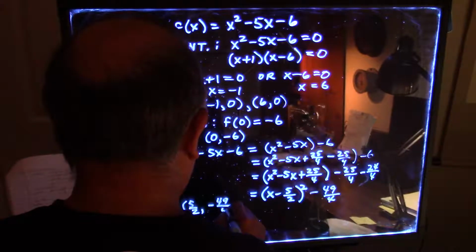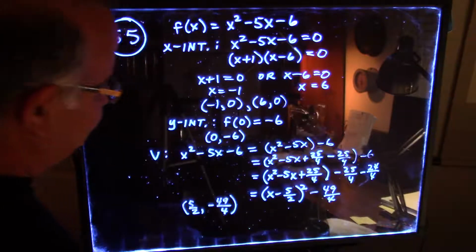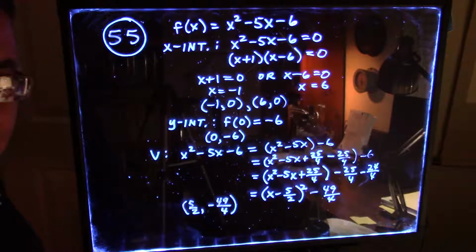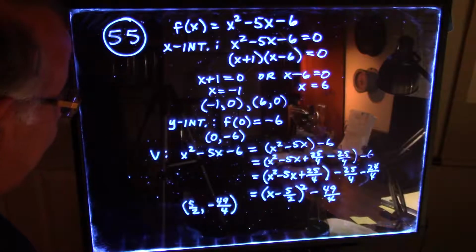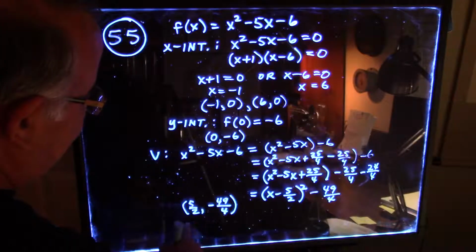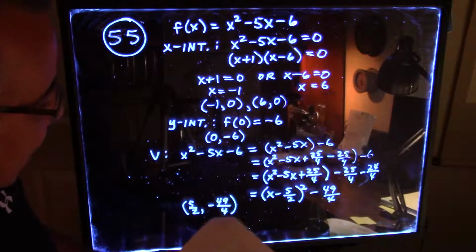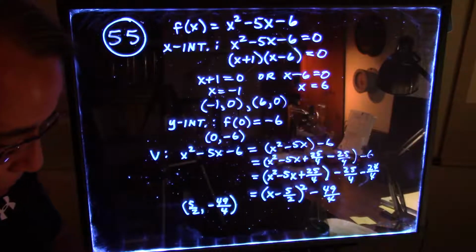Now this is something that, unless they've made advances in graphing calculators since I had one, you're probably not going to be able to read directly off the graph. It'll be a decimal approximation. So you should always know how to do this using algebra.